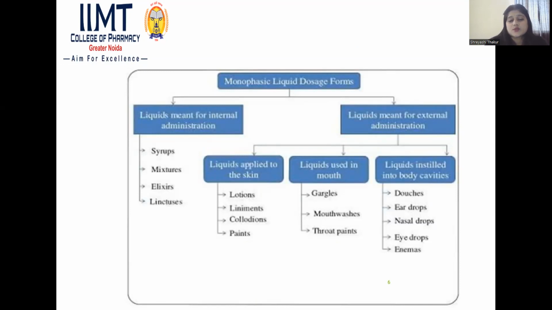Monophasic liquid dosage form. Monophasic liquid dosage form is also divided into two parts. First one is liquid meant for internal administration and liquid meant for external administration.